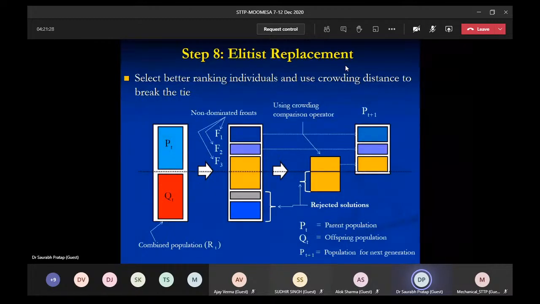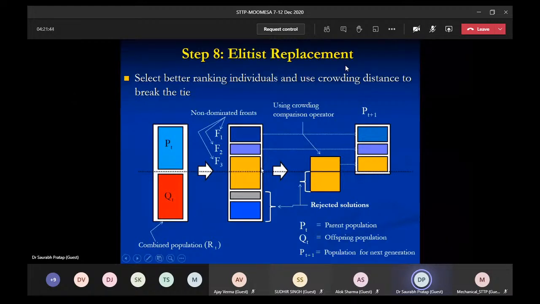From the pictorial representation, you can see that let us assume Pt is the parent and Qt is the child, and after the combination this will be the 2n population. And we have the dominated ranking F1, F2 and F3.